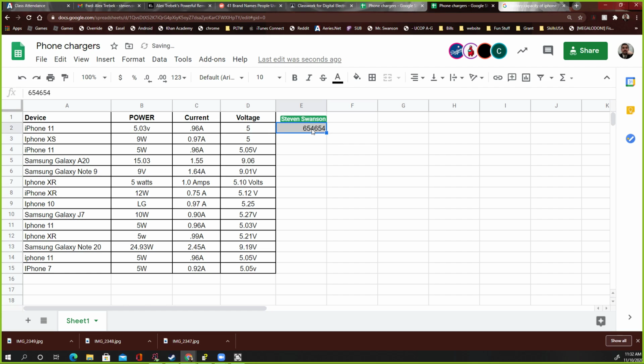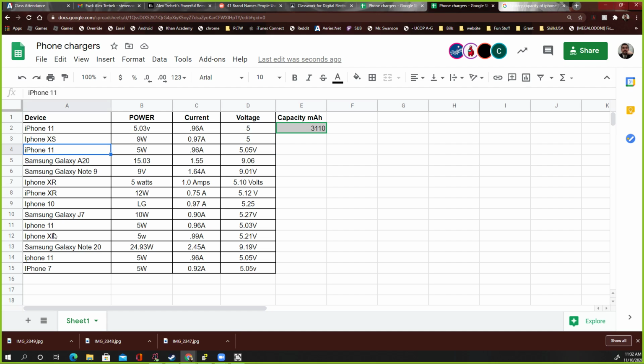Oh, there it did. 310. There we go. So here we go. This is how many milliamp hours. So this is capacity in milliamp hours, 3,110 for the iPhone 11.